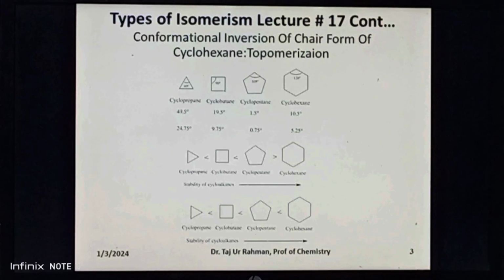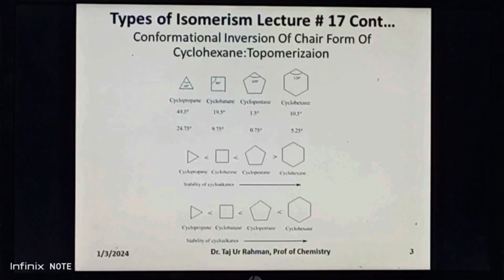But when this stability of cycloalkanes was checked practically, it was observed that cyclohexane is more stable than cyclopentane, and the correct stability order was this one, where cyclohexane is more stable than cyclopentane.